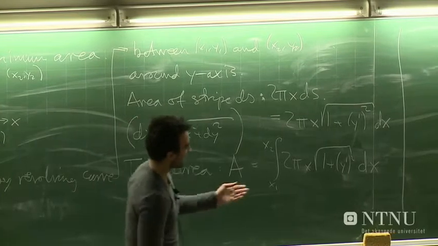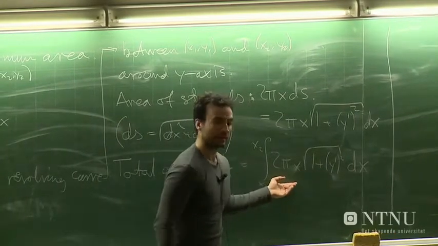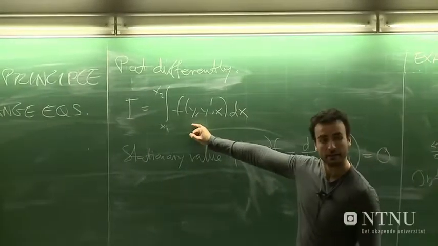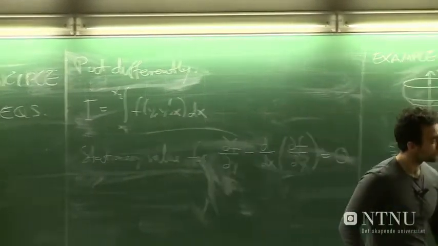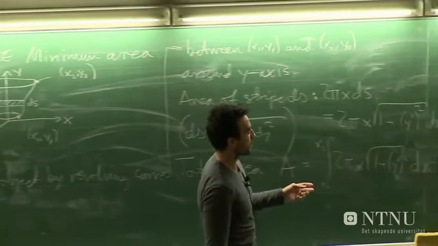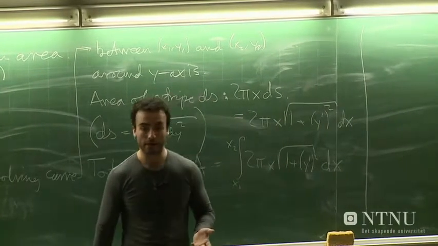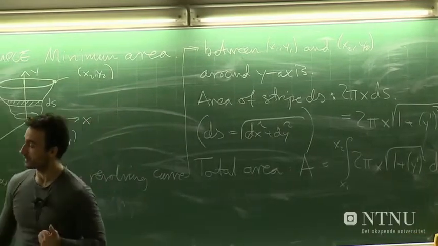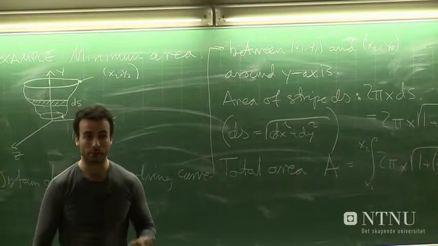And as you can see, this integrand actually has precisely this form. It's a function of x and y prime. There's no dependency on y, but that's okay. This function can in general be a function of y, y prime, and x.